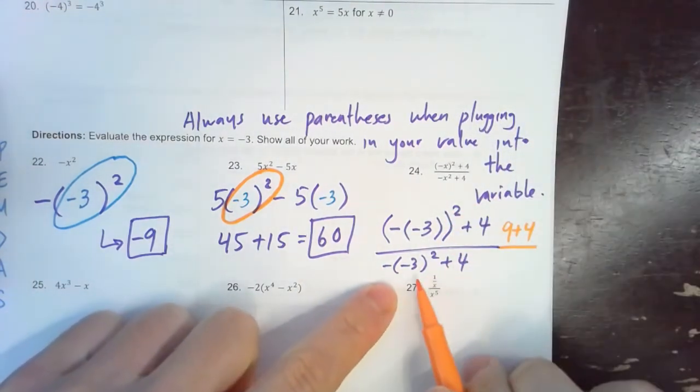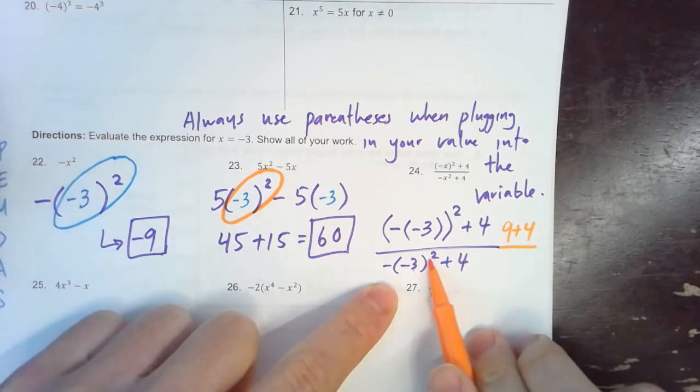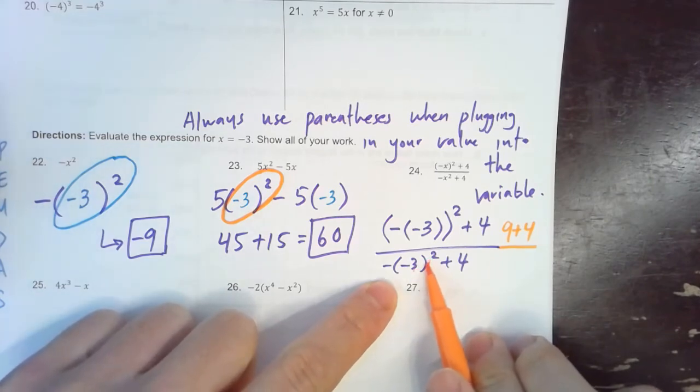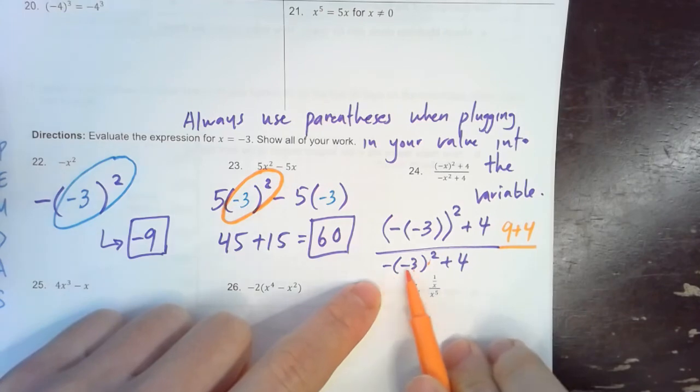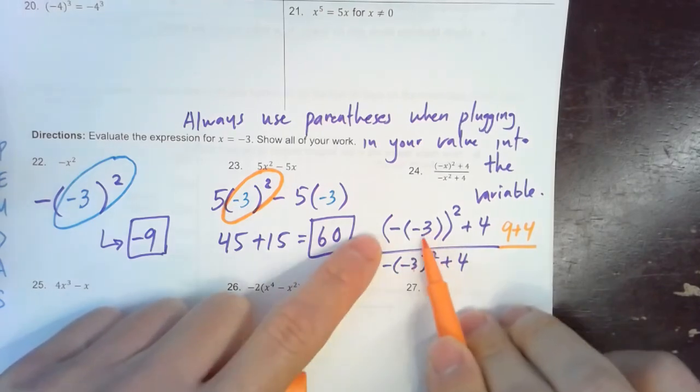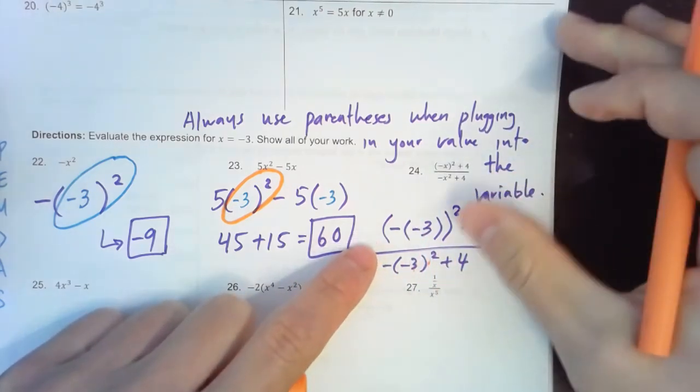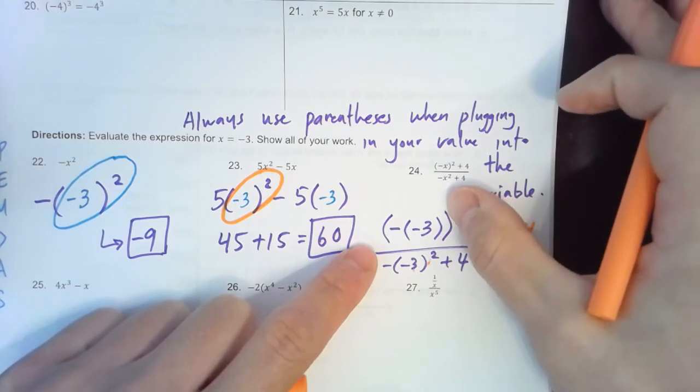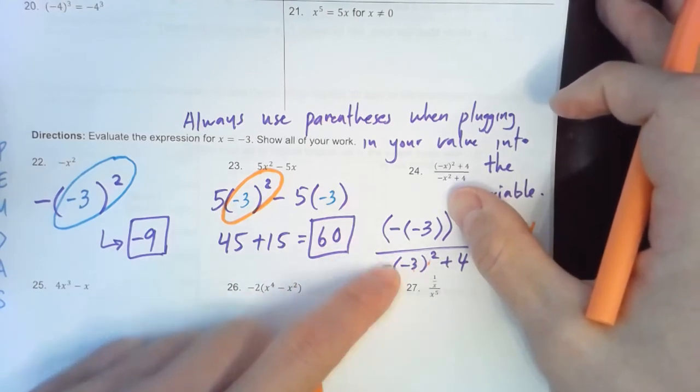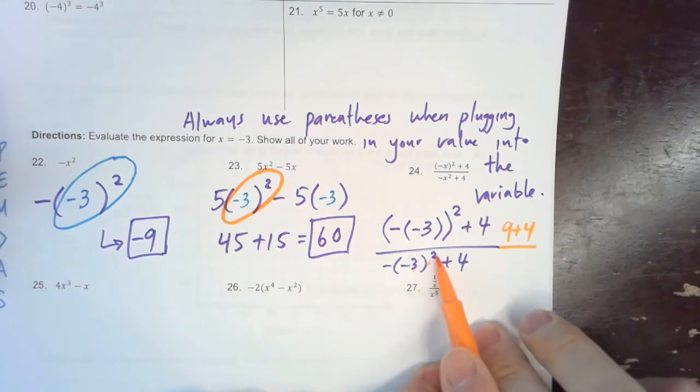Here, the bottom denominator, you see it's negative 3 squared, which I do first because now the negative is not part of, like, it's not the same as the numerator, right? So I don't have the opportunity to do that first anymore. You can see that they're different. Okay, so this is 9, right?